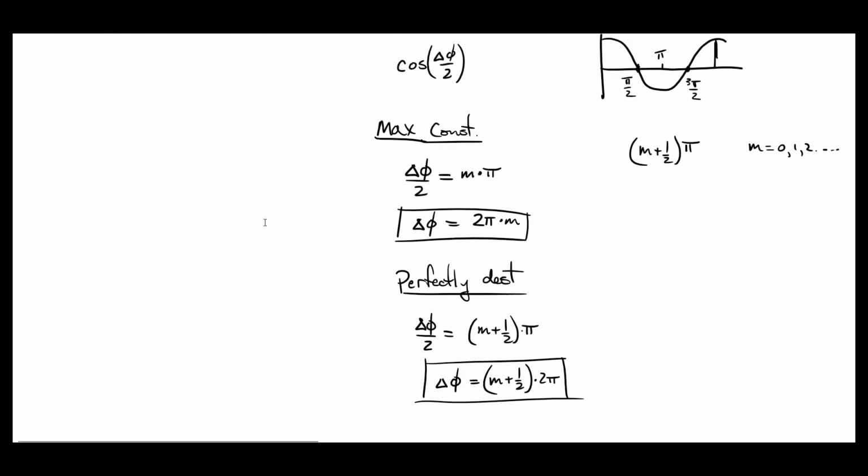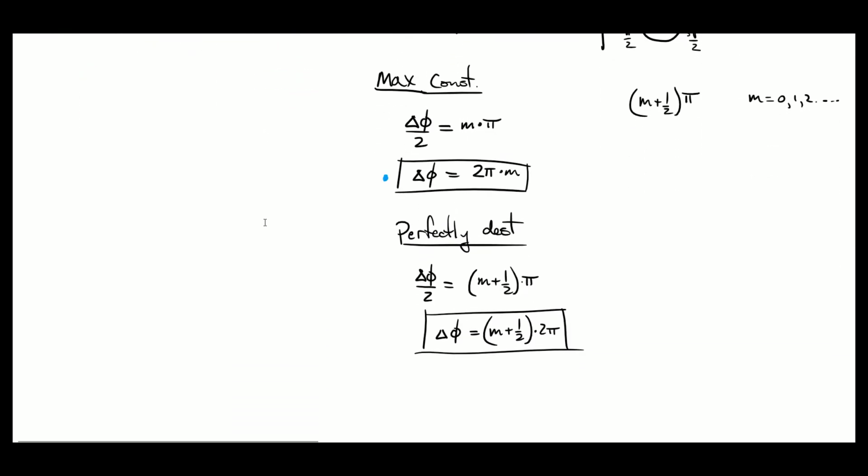And we can have those two limiting cases: maximum constructive interference, where if the phase difference is some multiple of 2 pi, we're going to end up with crests lining up with crests and troughs lining up with troughs, and we're going to get a larger amplitude wave. Or we can have perfectly destructive interference, where if the phase difference is some multiple of half a wavelength, or this m plus 1/2 times 2 pi, we end up with crest lining up with a trough and they cancel.